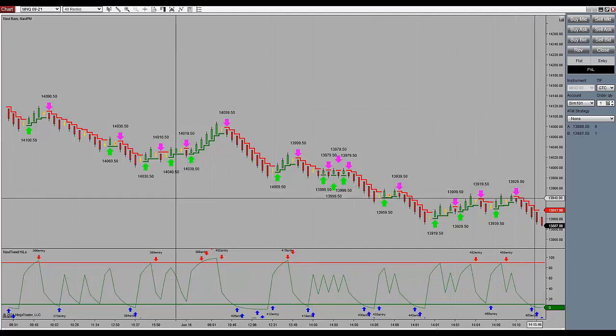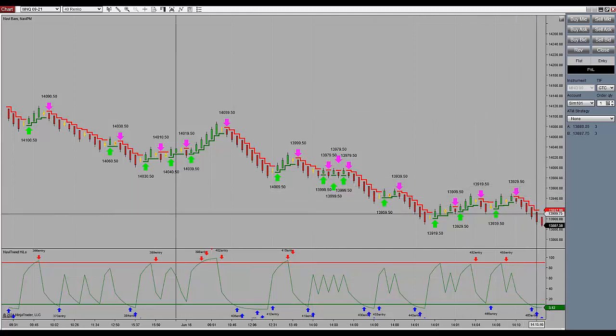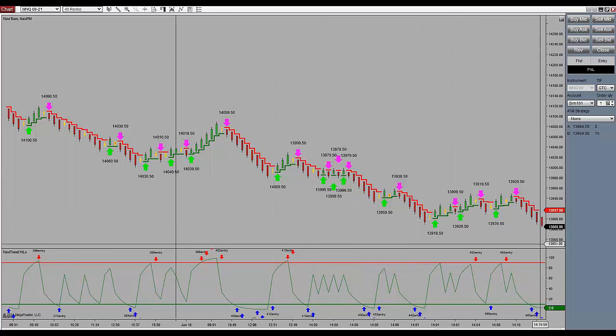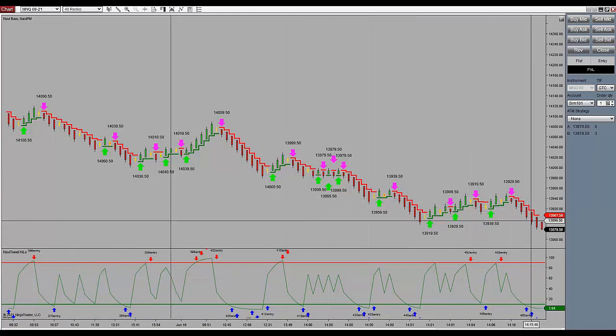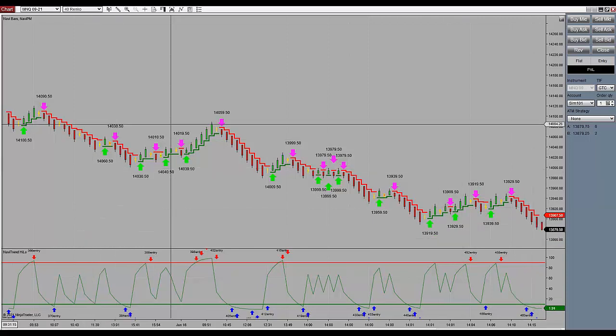All right, so sell signal 13,829.50. Nasdaq continuing lower. All right, so that signal, a lot of follow through on the downside on this signal.